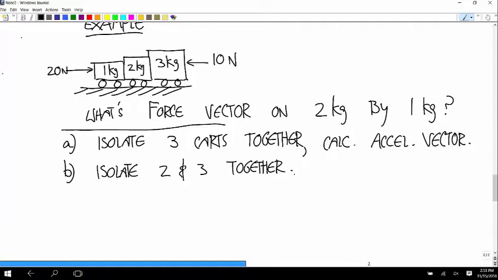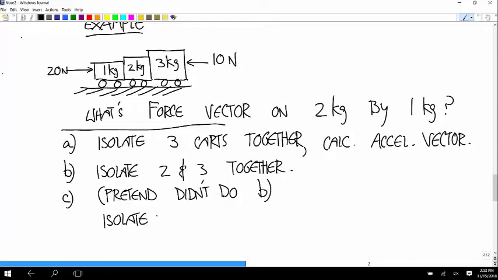And now that we've talked about Newton's third law, there's a third possibility. So now we're going to pretend we didn't do part B. And now we're going to isolate the 1 kilogram part. We're going to use that to calculate the force on 1 by 2.